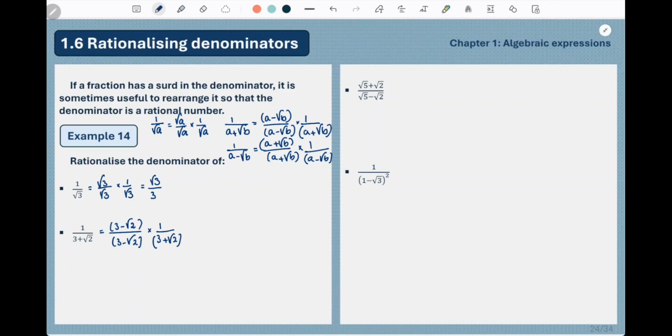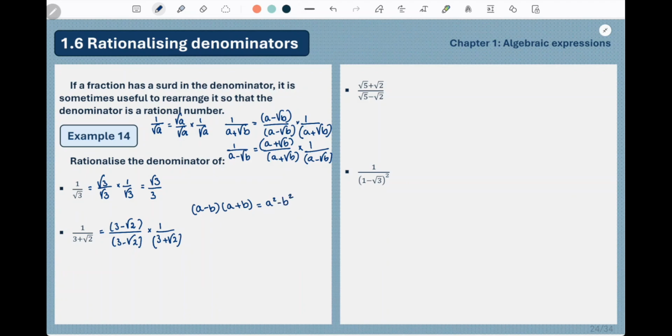Okay, so for those who have noticed, there's a way to work out or simplify the denominator without going through so much work. So I would like to remind you of this identity, which says a minus b times a plus b equals a squared minus b squared.